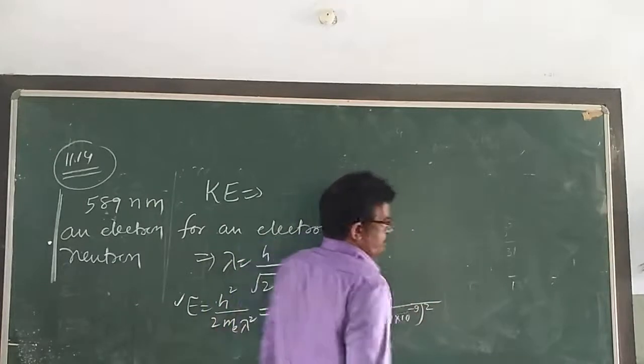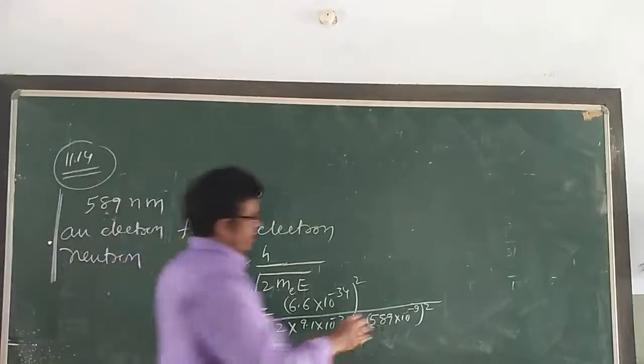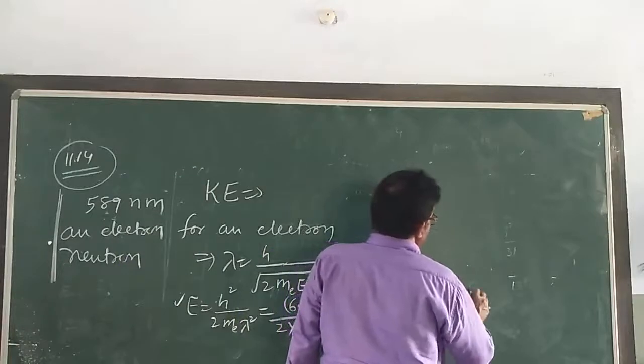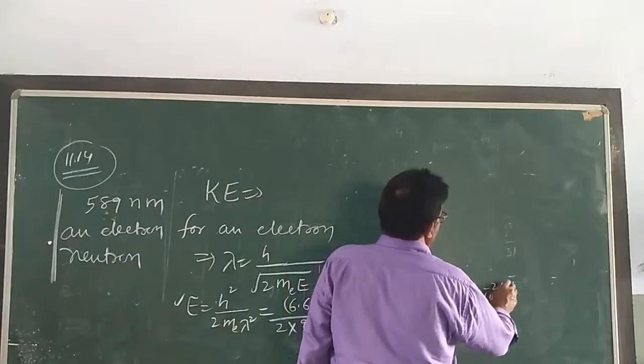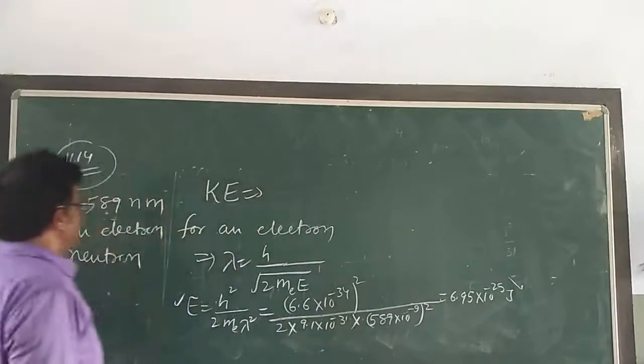This is square here. So put this. Solve करिए इसको. What are we getting? When you solve this, you will get 6.95 into 10 raised to power minus 25 joule here. This is the answer.